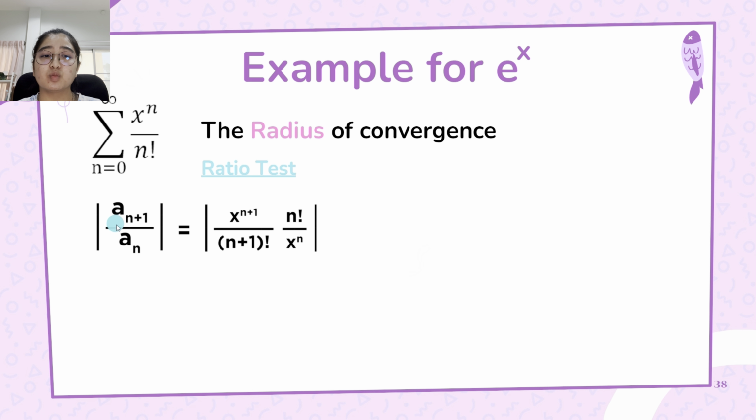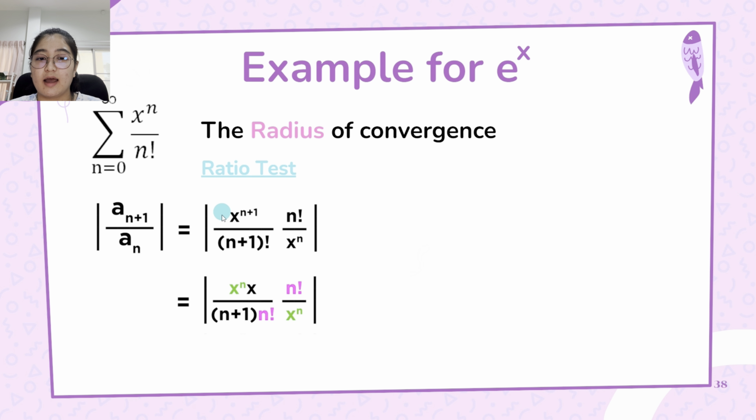So the first one will be x to the power n plus 1 divided by n plus 1 factorial, and divided by x to the power n divided by n factorial, which is the original summation. We change the denominator to the numerator and the numerator to the denominator so it is easy to calculate by multiplying.